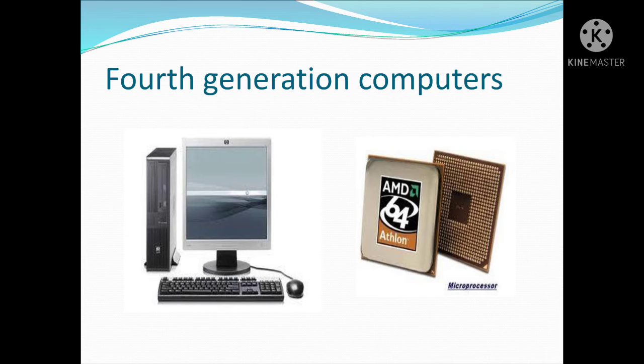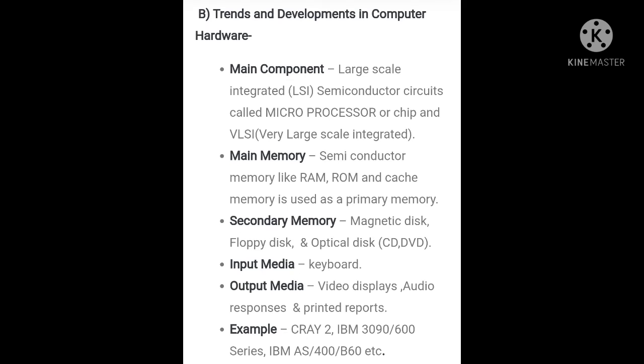Now we are going to see the trends and developments in computer hardware. Main components: large scale integrated, LSI, semiconductor circuits called microprocessor or chip, and VLSI, very large scale integrated. Main memory, semiconductor memory like RAM, ROM and cache memory is used as primary memory.